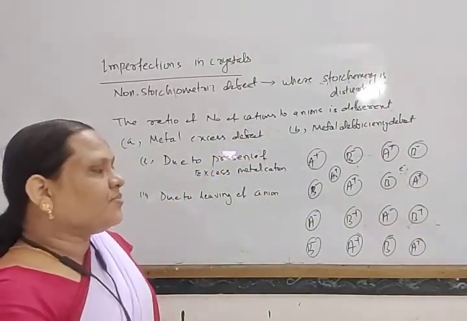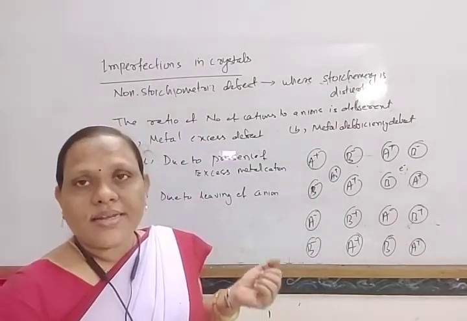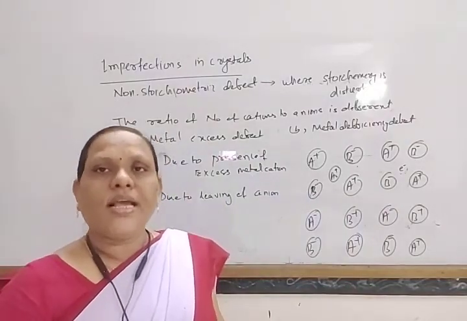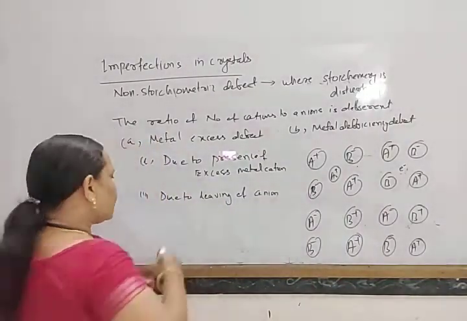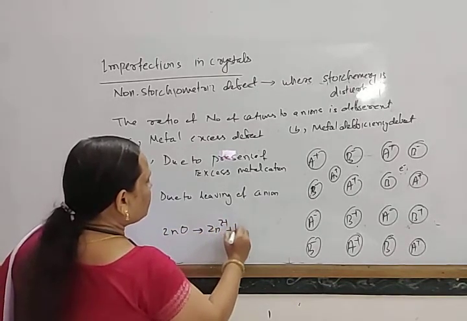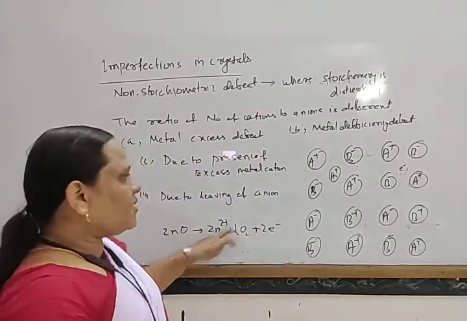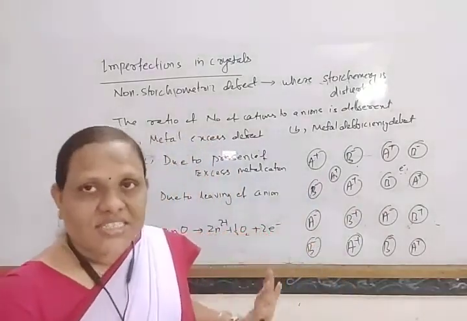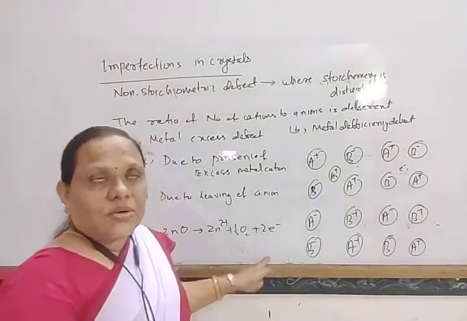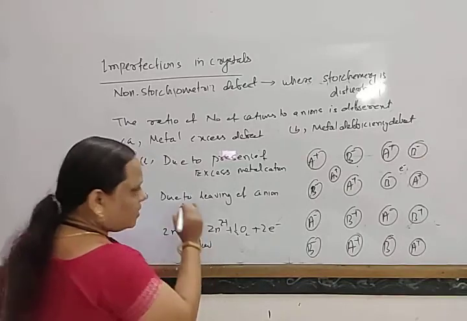Due to the presence of these electrons, these compounds impart some color. In this way, zinc oxide is yellow in color: ZnO when heated gives Zn2 plus, half O2 plus 2 electrons. To balance this, the 2 electrons remain in the interstitial spaces. Due to the presence of these electrons, it is colored, so zinc oxide when heated is yellow.